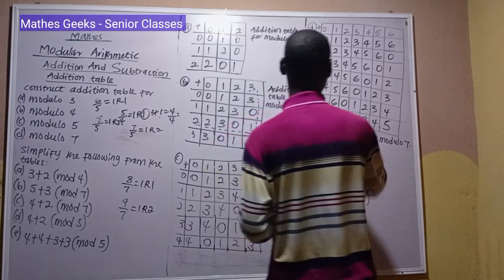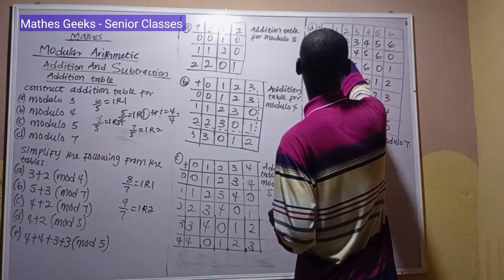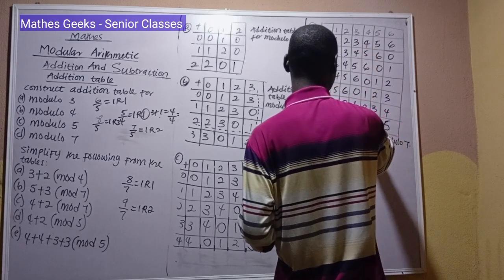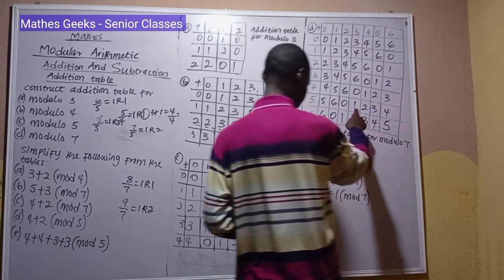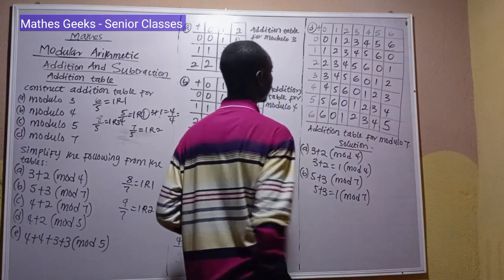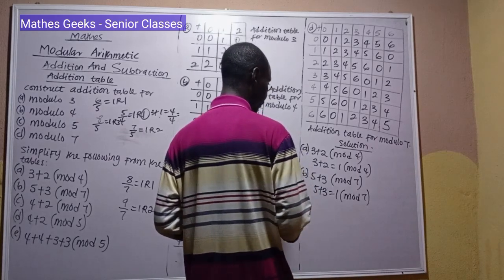We can also look at where we have 5 here, 5 plus 3, and we come down and see we also have that 1, so it's the same. If it's not the same, that means there's something wrong with how we filled the table, so it must be the same.